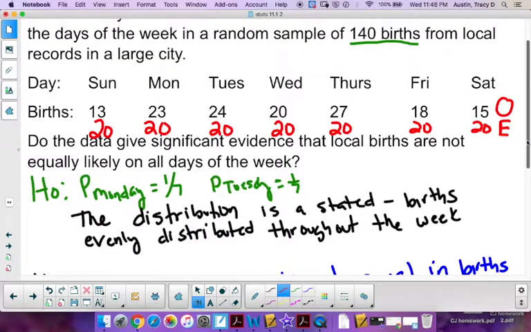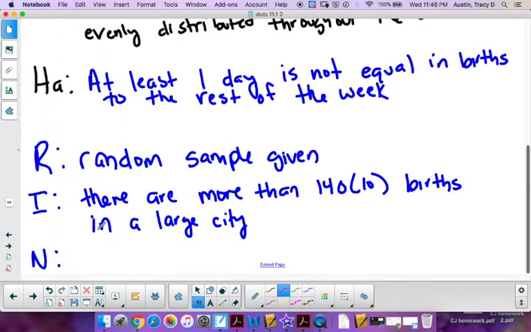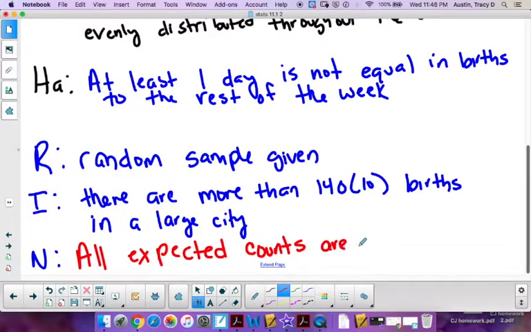Okay, so all you have to state, because you've already calculated them and written them somewhere on your paper, right? If they give you a chart, write the expected counts next to the observed ones, and then all you have to do is state, all expected counts are greater than 5, and that's it. That's what you're doing today, is you're doing the state and the plan.